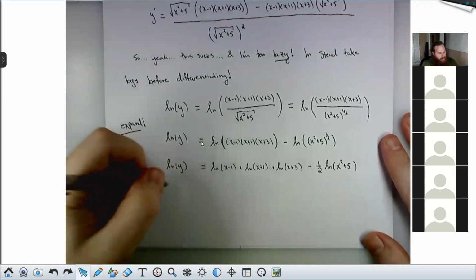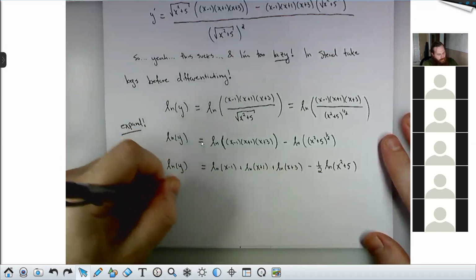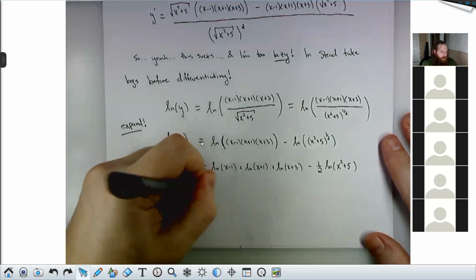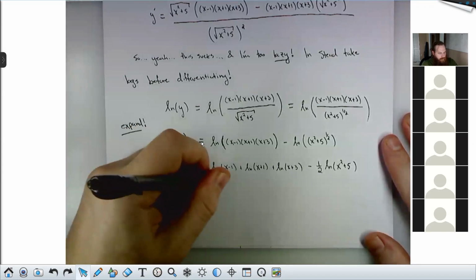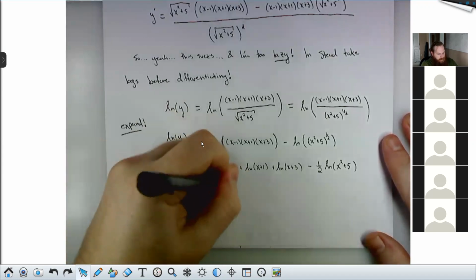On the left-hand side, d dx of ln y. On the right-hand side, I have d dx of all this.